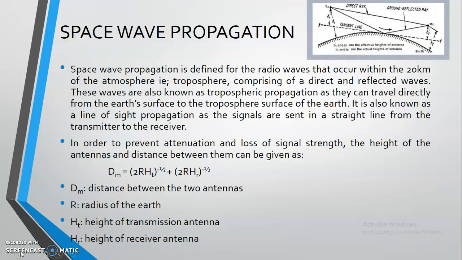In order to prevent attenuation and the loss of signal strength, the heights of the antennas and the distance can be given as dm equals (2rht)^(1/2) plus (2rhr)^(1/2), where dm is the distance between the two antennas, r is the radius of the earth, ht is the height of the transmission antenna, and hr is the receiver antenna.